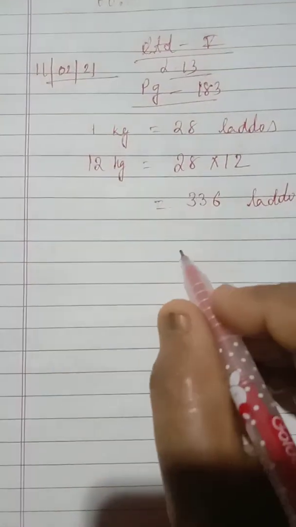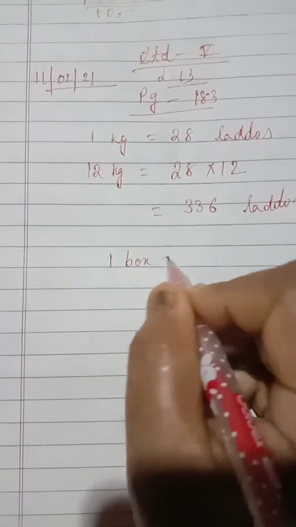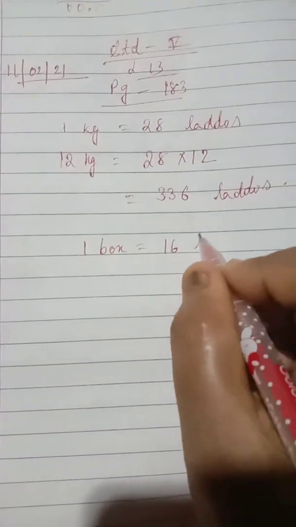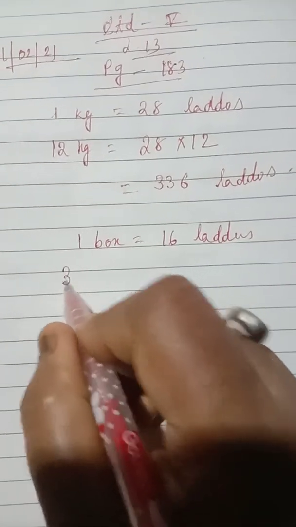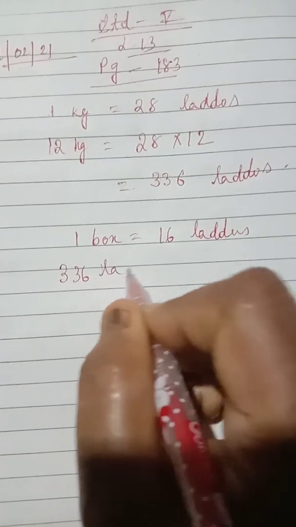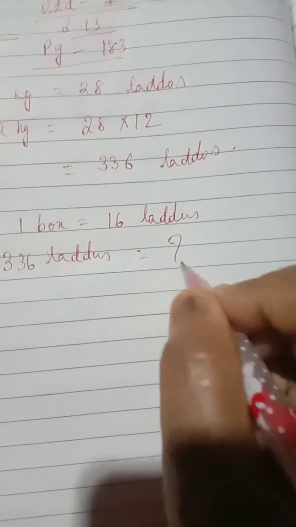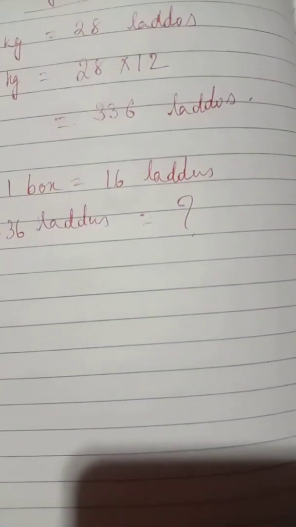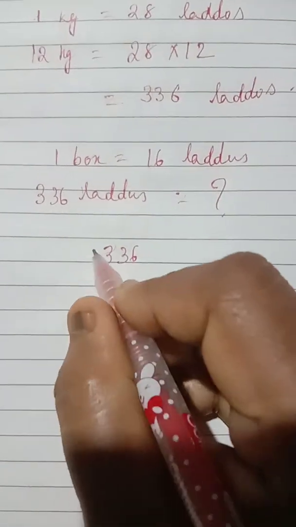So one box equal to 16 laddus. 336 laddus equal to, asking how many boxes. So 336 divided by 16.